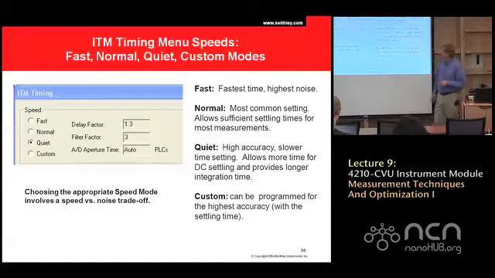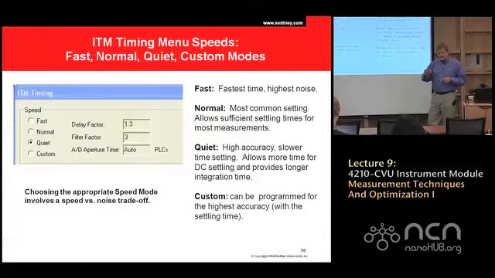So if I go to a fast time, what I'm actually doing is adding multiplying factors to that normal table. So if I'm on normal, I have delay factor and filter factor.